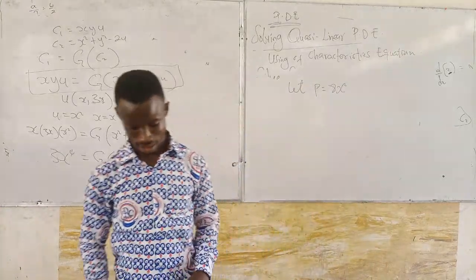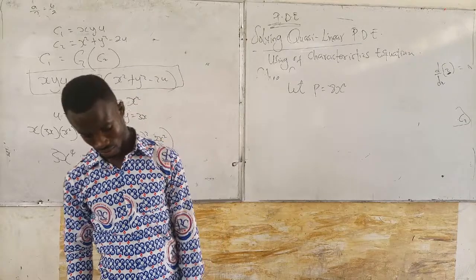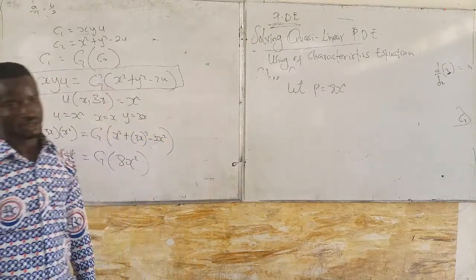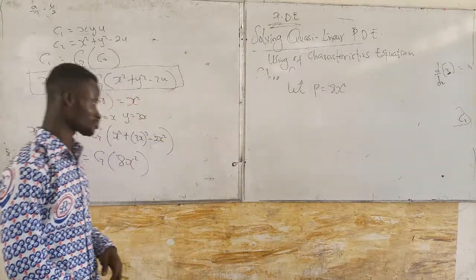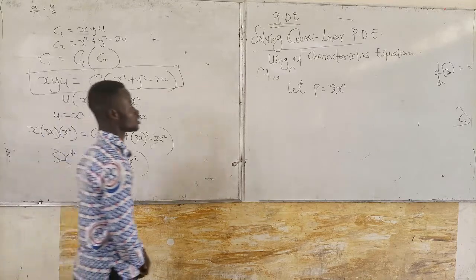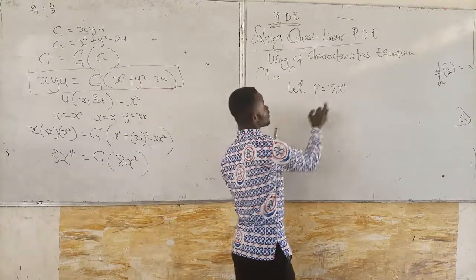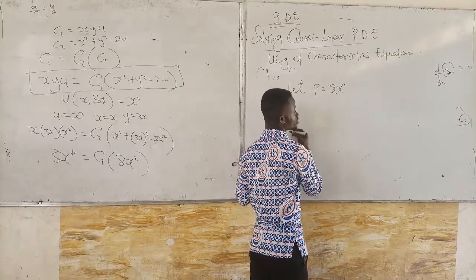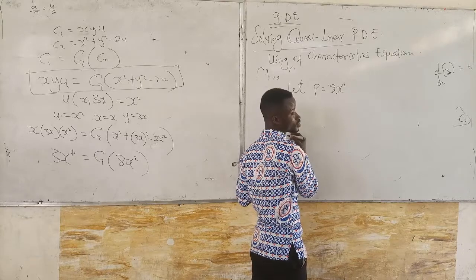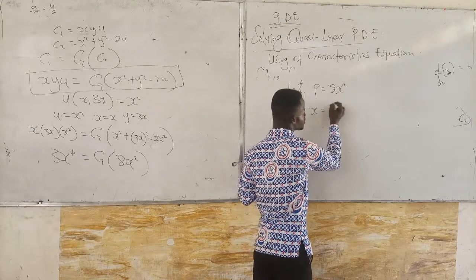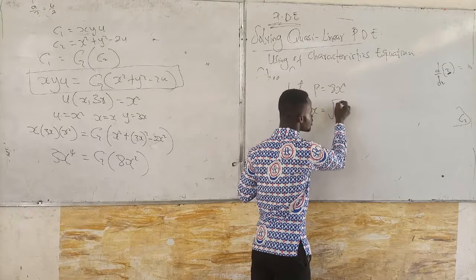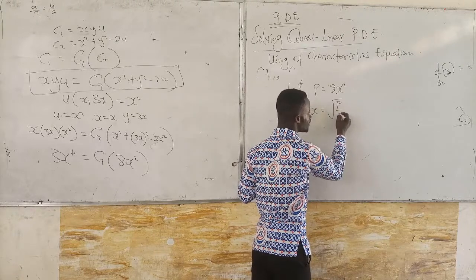What is p? We make x squared the subject. So what is going to be x? x is the square root of p over 8.